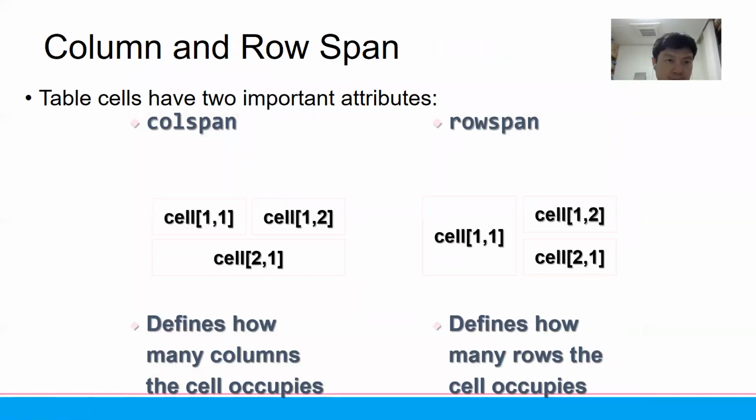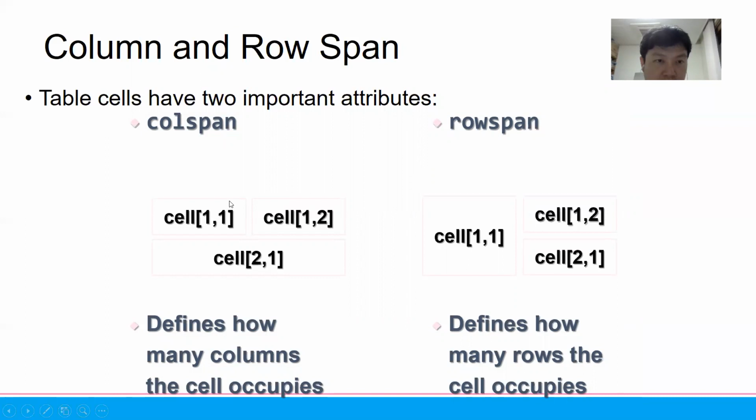The other things that you may need to learn are the column span and the row span. Do you still remember what is the meaning of span? Span is an attribute, the same as in a table. When you have table cells, you have two important attributes, which are the column span and the row span.